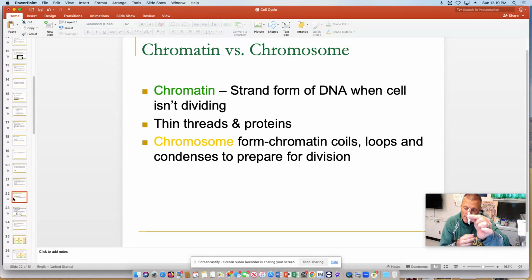But when we have it in this condensed form, and this actually duplicates, we have two of these chromosomes, and then they pull apart, which we'll look at in a little bit. Now we know this is a complete set, and this is a complete set. So that folding and coiling into a chromosome ensures that each new cell gets a full complement of information, or DNA.